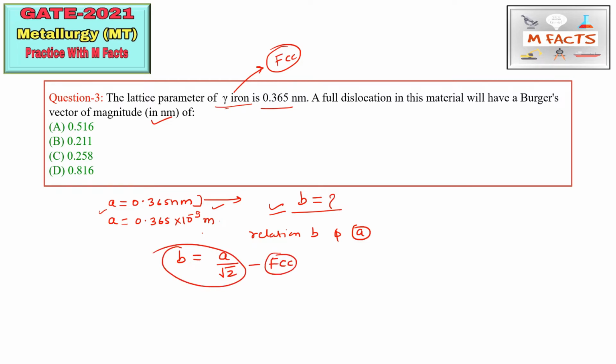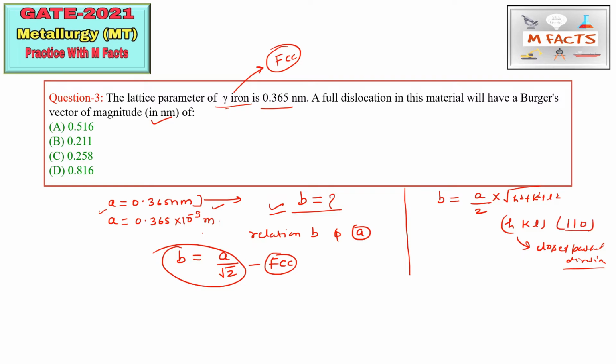For other systems you can use b equals a by 2 multiplied by the square root of h square plus k square plus l square, where h, k and l are the close packed direction. For FCC, this hkl will be 110. So that's why we are taking a by root 2.